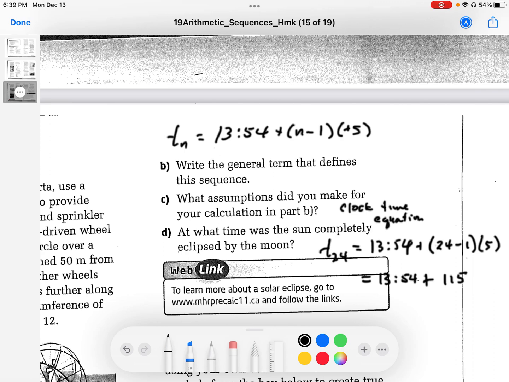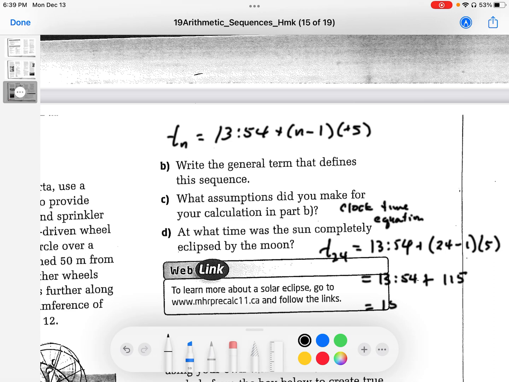So if we're going to add 115 minutes, that's going to be basically 1 hour and 55 minutes. So if I'm going to add 1 hour and 55 minutes, I'm going to start with the 55 minutes. That gives me 2:49, and then 1 hour more is going to be 3:49.